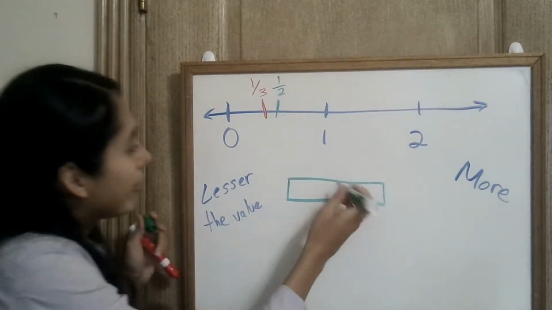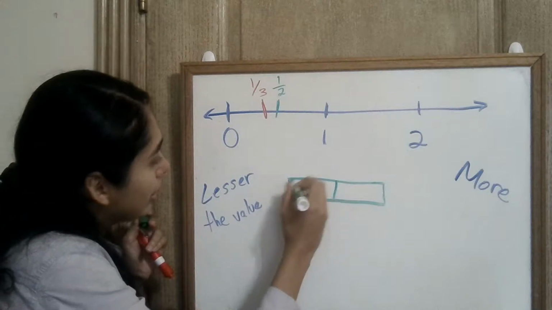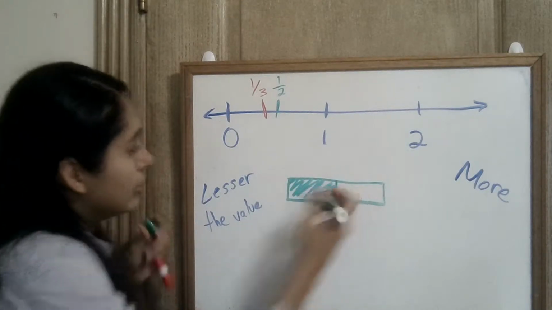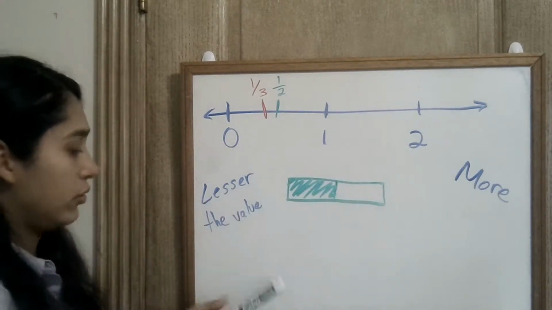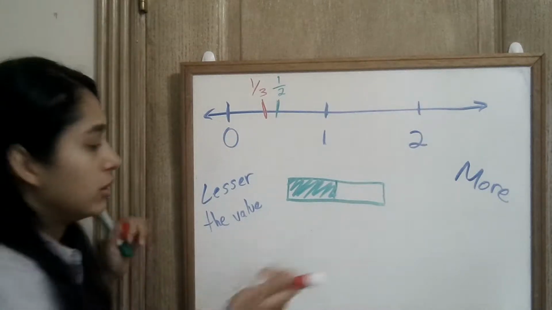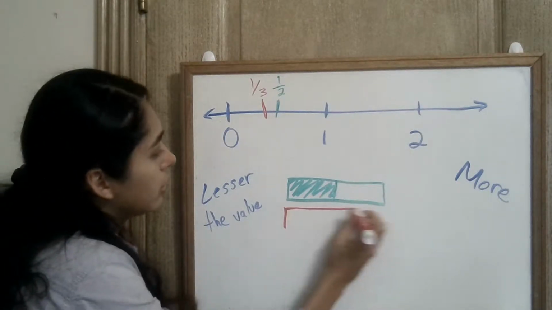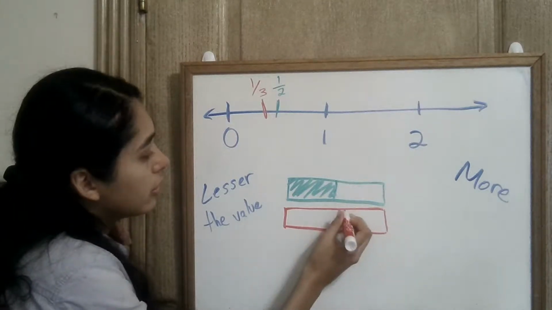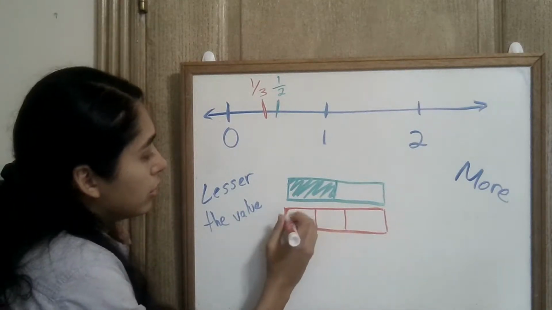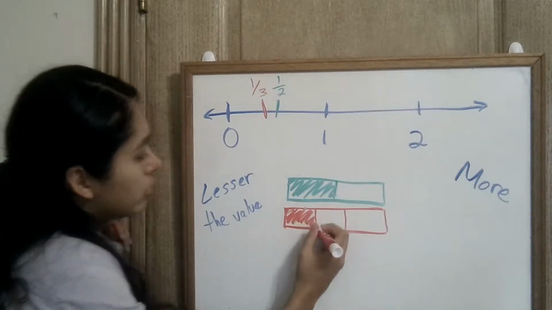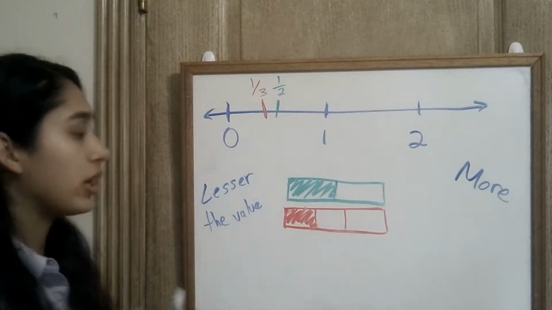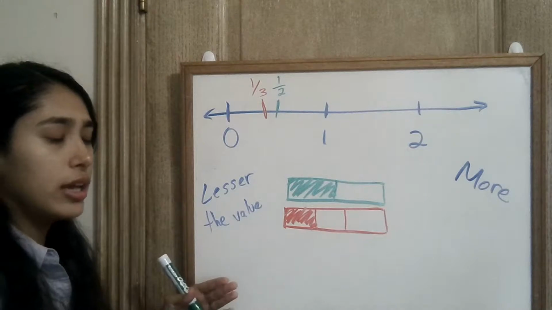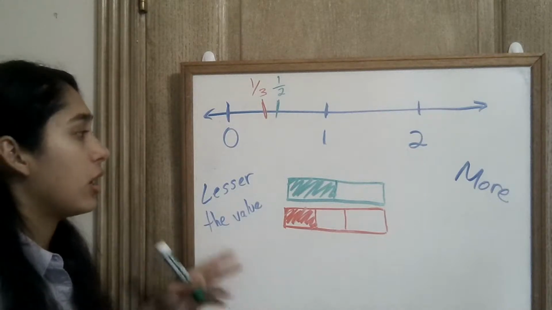That's the same way to think about it. Say this is half. And over here we have a bar of the same size. This time it's divided into thirds. So we know that 1/3 is less than 1/2.